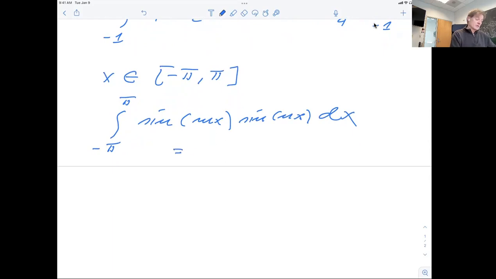It's easy to show that, so I leave that as an exercise to you, unless m is equal to n.